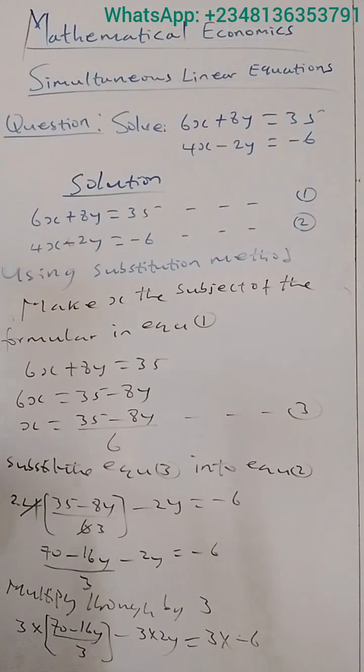Now, the next thing is to check if I can simplify further. I have 3 here, and we cancel the 3 here.